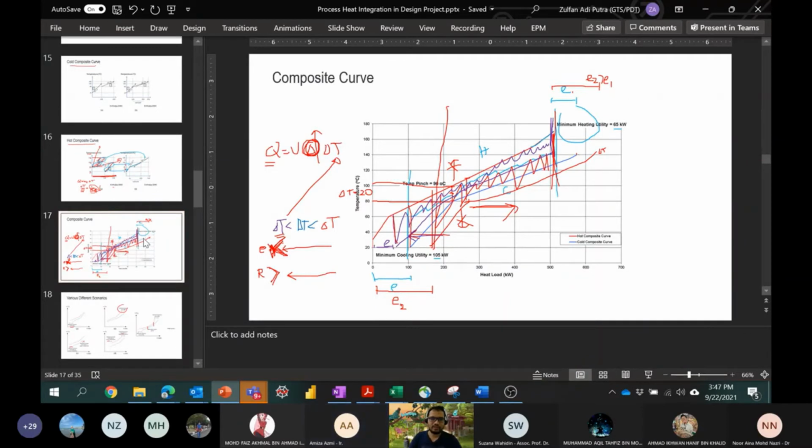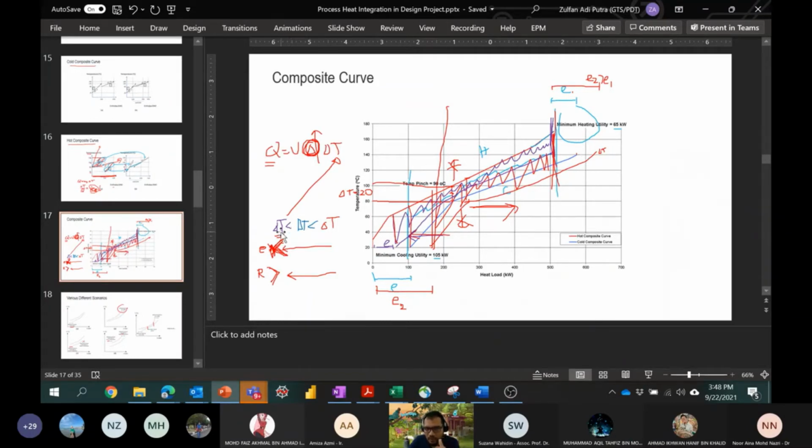So it really depends on the plant and where we are in the business, depending on, for example, the heat utility. Is this cheap or expensive? If it's cheap, then I don't care. But if this is expensive, then we have to be worried. If the steam is expensive, for example, if the natural gas as a source of heating is expensive, that means we had better recover as much as possible.